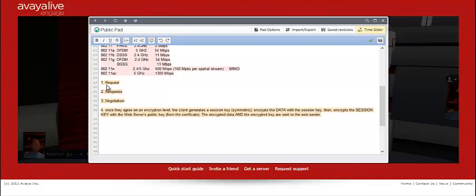Okay, that more closely represents what's actually going on there. The definition that they have here is really woefully incomplete. And then step 5 is the communication step. That's where, now that both sides have the session key, they can encrypt and decrypt data back and forth during this particular session, hence the name session key.